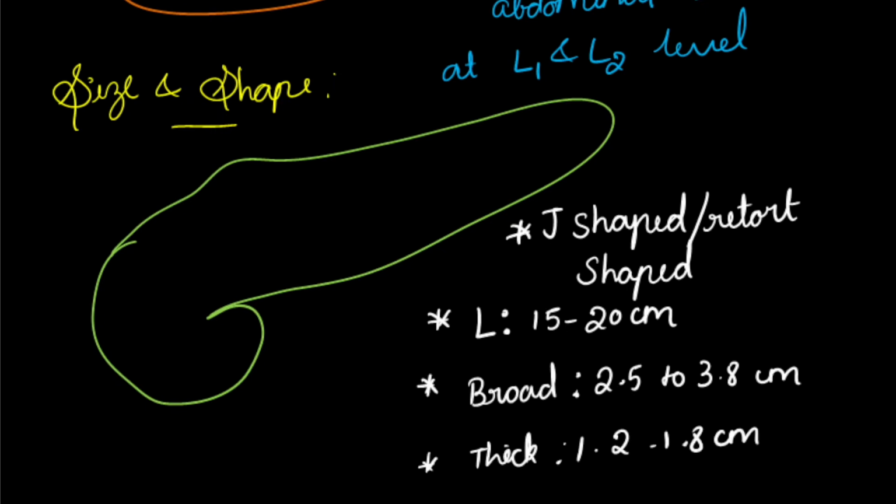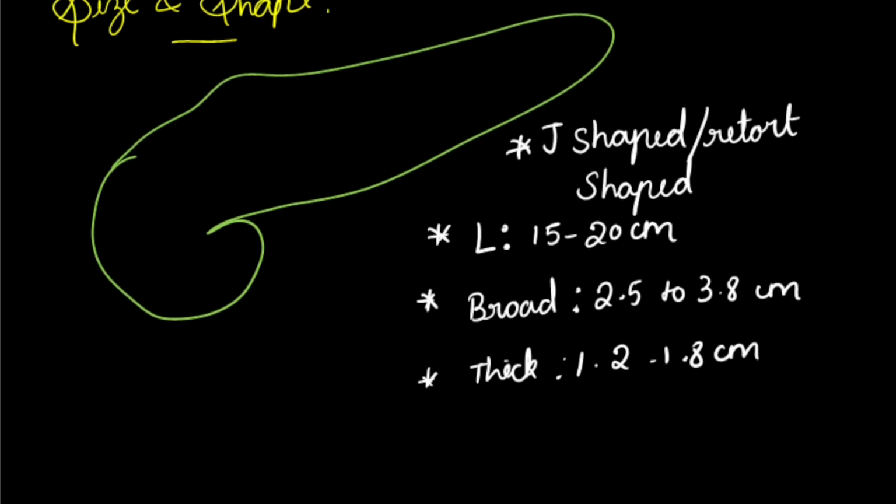So this is all regarding the exact size of the pancreas, and this is an important MCQ point. In case of length it is 15 to 20 centimeter, in case of breadth it is 2.5 to 3.8 centimeter, and thickness 1.2 to 1.8 centimeter.